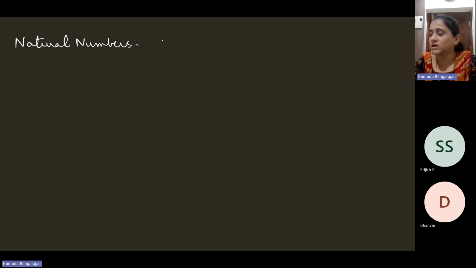Before we understand what is meant by the term rational numbers, let's recall the meanings of these terms. Natural numbers. So what is a natural number? Counting numbers are called natural numbers. When there are some objects lying on the table, how do you count?